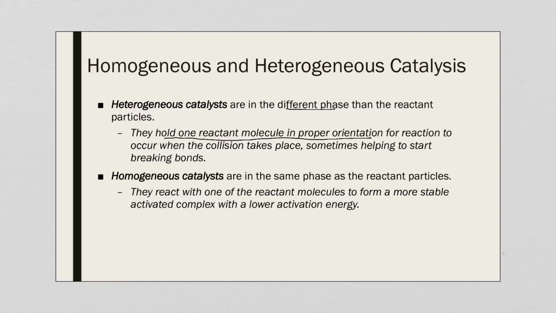So they become bound to that catalyst and it holds them in the right orientation. Remember, that's one of the things that slows down a reaction. And so when the collision occurs with some other reactant molecule that's flowing by or in solution, then you get higher reaction rates because the one reactant is already in the proper orientation.